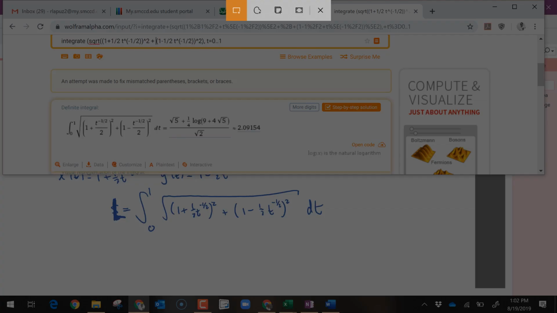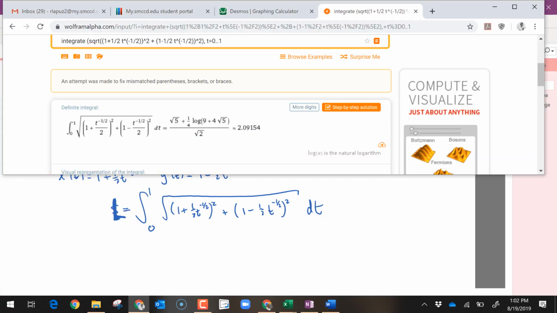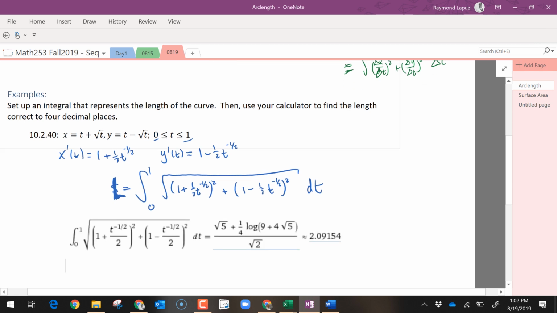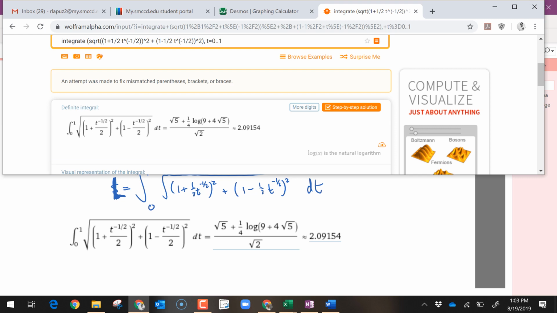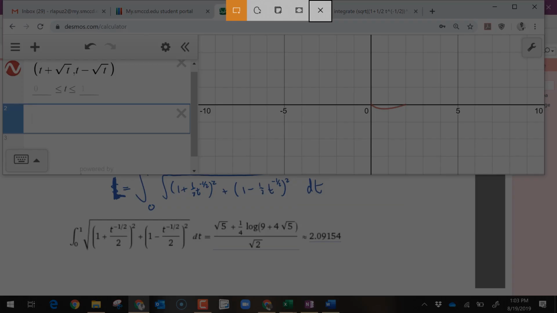So those are the things that we want to watch out for. When you're doing homework, you have the power to graph things with some sort of graphing program like Desmos or whatever else you might be interested in. And so you can always check your work to see if it makes sense. And in this case, it looks like it does make sense.